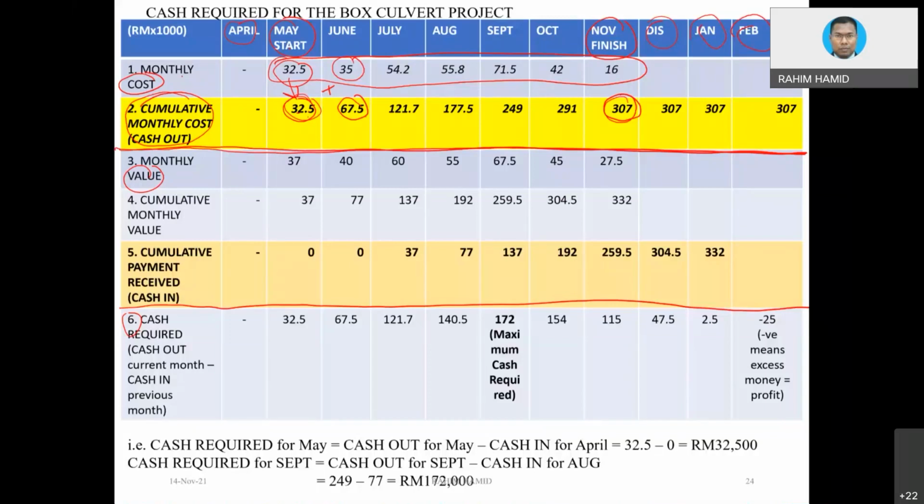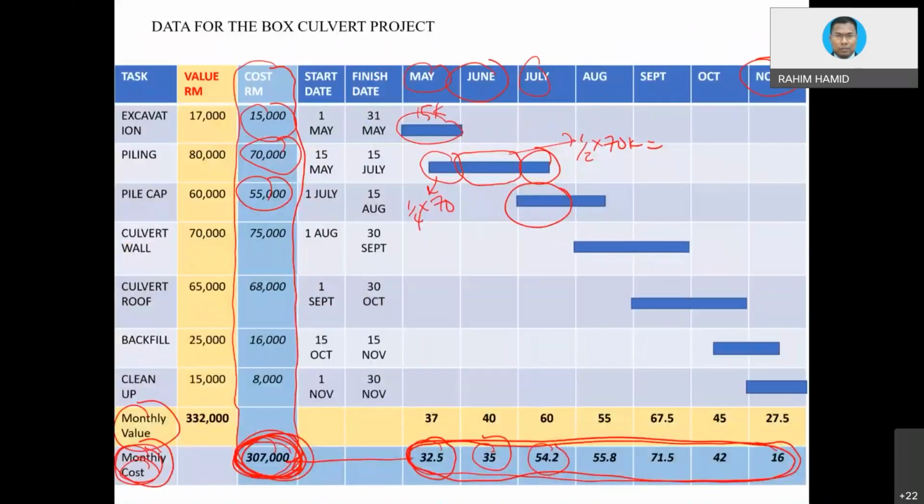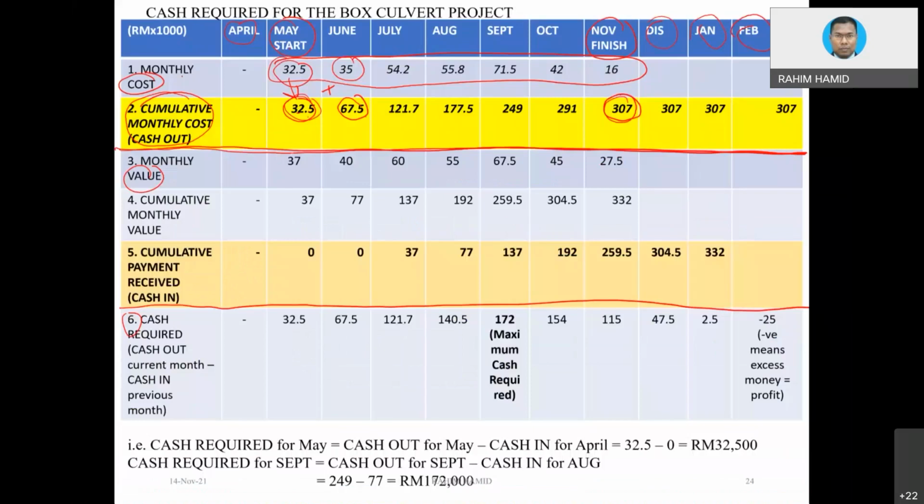Okay, monthly value. Remember, we already did our monthly value in the previous slide. So 37, all this value, you just simply copy back and put it here. Then you have to make it cumulative. Cumulative monthly value.